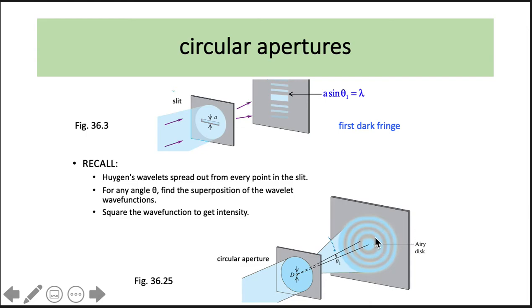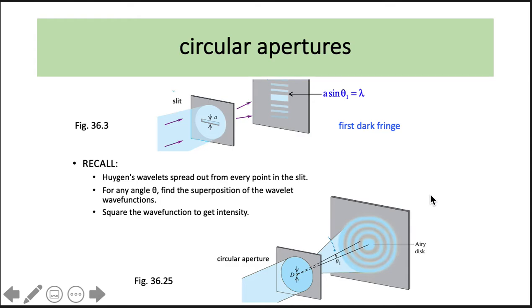It just turns out the math is much more difficult, literally beyond our level. I think I remember doing it maybe as a grad student. It's a complicated problem, but you can derive a function that represents this pattern of circular rings, and you can solve for where the first minimum occurs.